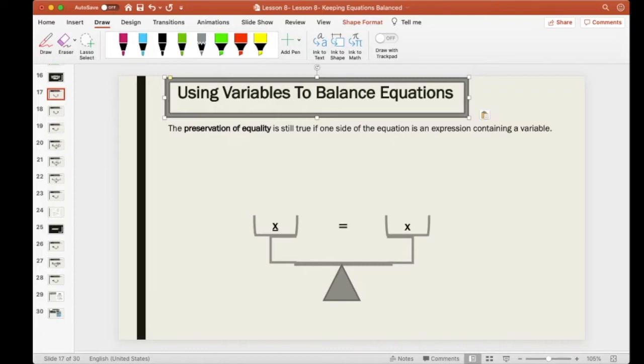And so we have a scale here, and on this scale there are two variables, x's. We don't know what the x's represent, but we know it's the exact same number because it's equal, it's balanced. If it was not balanced, that wouldn't be possible.